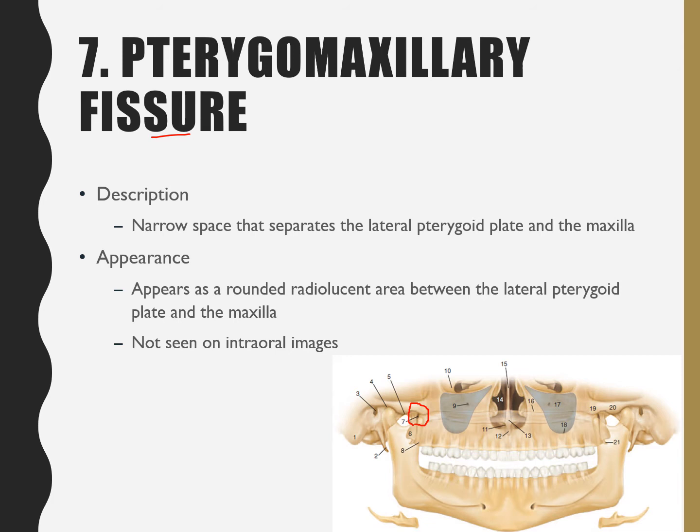So if you see a little radiolucency right here above where the lateral pterygoid plate is, then that's the pterygomaxillary fissure. And it's always bordered by the maxillary sinus and the lateral pterygoid plate. So you'll see it right here in between those two structures.